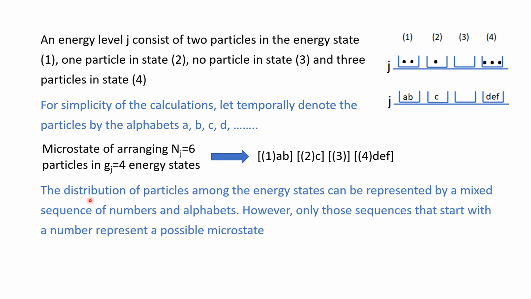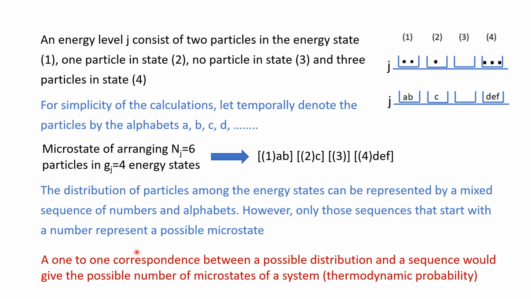That is, the distribution of particles among the energy states can be represented by a mixed sequence of numbers and alphabets. However, only those sequences that start with a number represent a possible microstate. If we start a sequence, for example, with an alphabet, that is meaningless. So only those sequences that start with a number represent a microstate, for example, 1, 2, 3, 4, and so on.